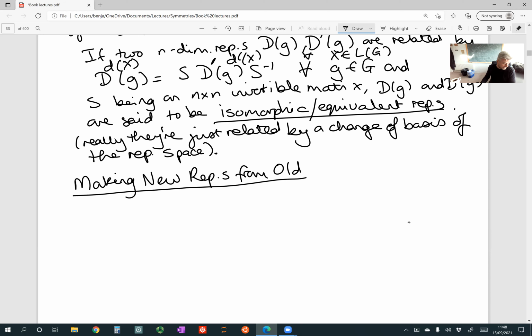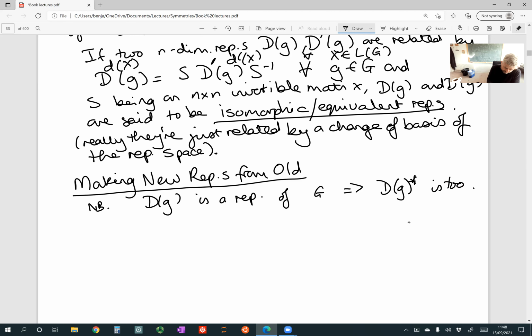There's a really simple way of making new representations, and that's just to take the complex conjugate, because all of the group properties, etc., will follow if you complex conjugate them. So if D(g) is a rep of the group, then the complex conjugate is too.